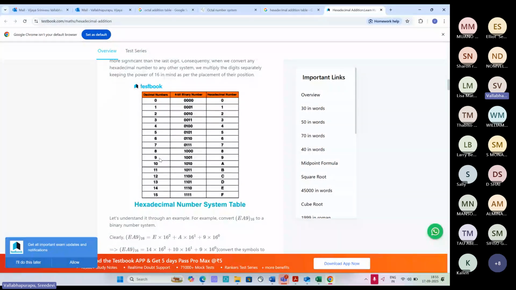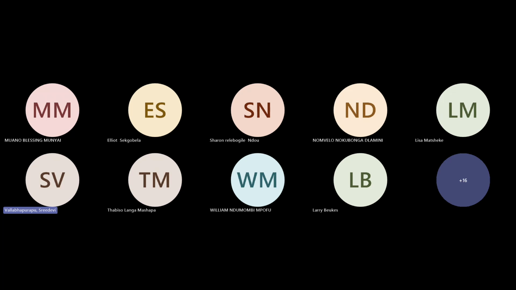From 10 onwards, it takes letters: 10 is A, 11 is B, 12 is C, 13 is D, 14 is E, 15 F, and so on. So this is the easy way to remember. Hope everyone followed this table. So let's do one problem.